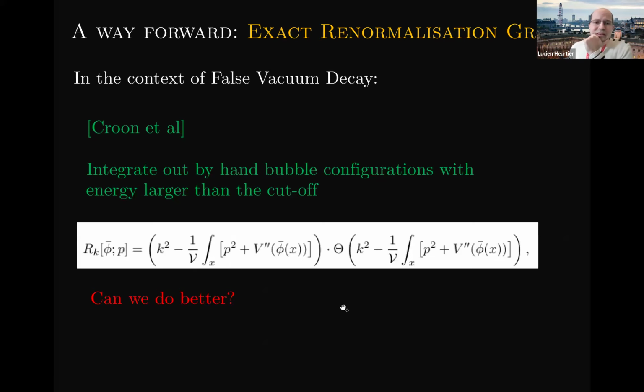Now, this procedure was used relatively recently by Gies, Kroon and collaborators in the context of false vacuum decay, because they realized that the decay of a scalar field which tries to tunnel through a barrier may not be affected by all the wavelengths accessible in the quantum field theory.